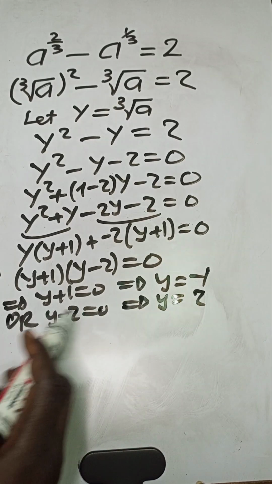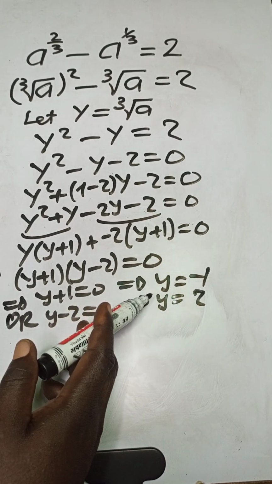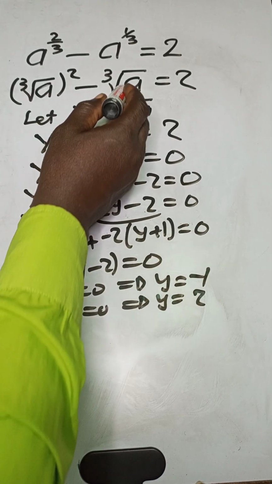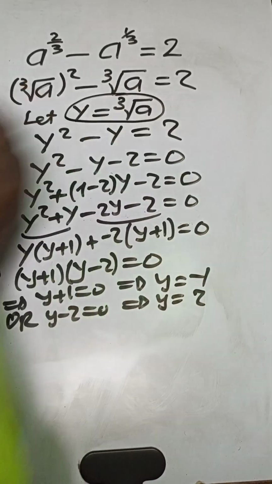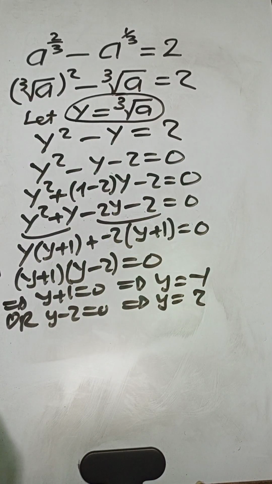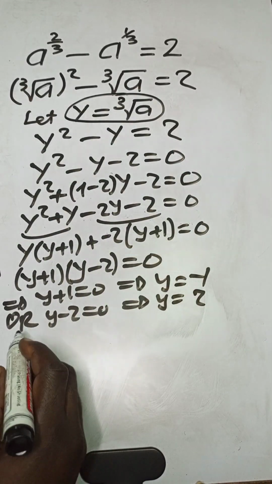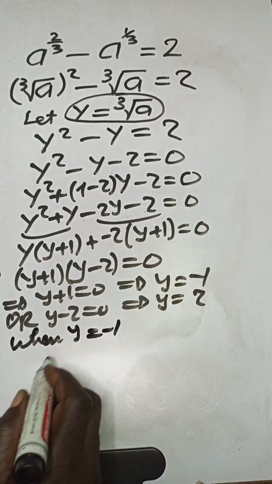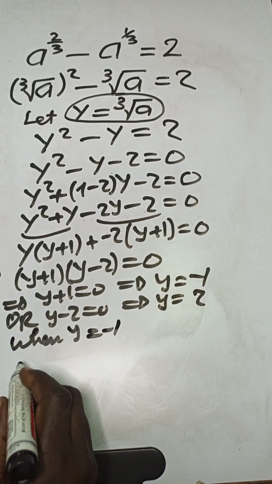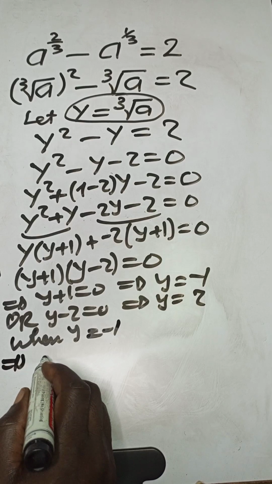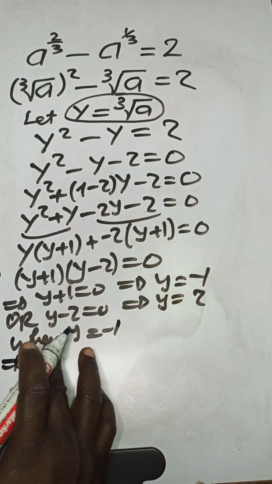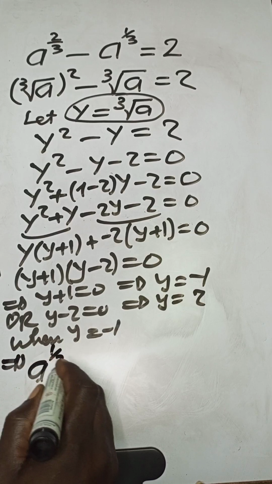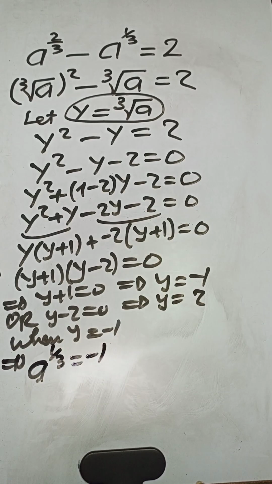We're not ending here. All we have done is solve for y, but we're asked to solve for a. So we have to go back to the relation between y and a, and bring out our solution in terms of a. So when y is -1, remember y is cube root of a. Cube root simply means power 1/3, so let's write it in index form. a to the power 1/3 is equal to -1.